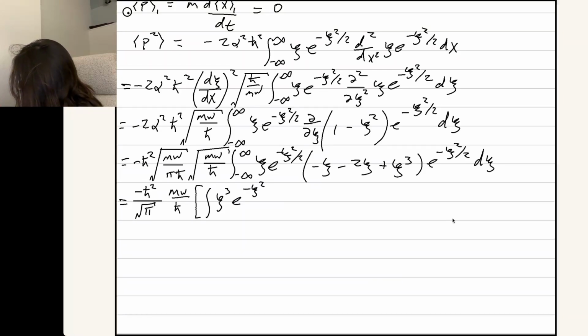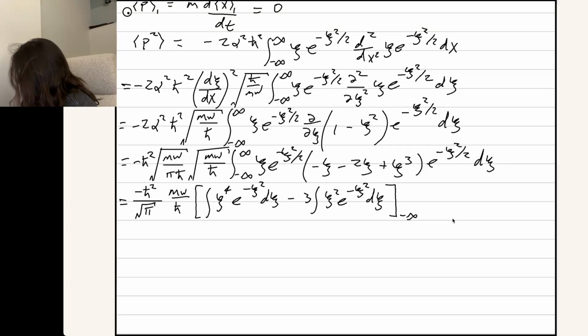And it's not cubed, it's to the fourth, because there's an additional ξ out front. ξ fourth e to the minus ξ squared dξ minus, and it's actually minus 3 times the integral of ξ squared e to the minus ξ squared dξ, from minus infinity to infinity. Simplifying the prefactor again, we have minus ħmω over root pi.